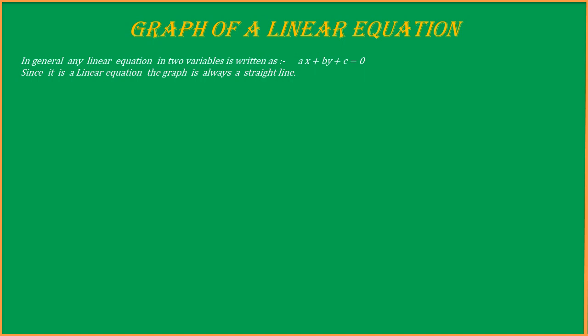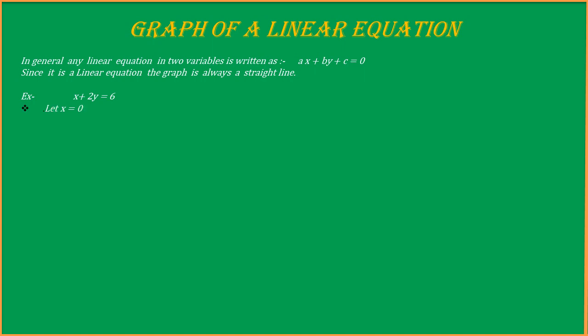Now let me consider one example. Suppose we have the linear equation x + 2y = 6. For plotting the graph of this equation, we assume the value of one variable and then we find the value of the second variable with the help of it.